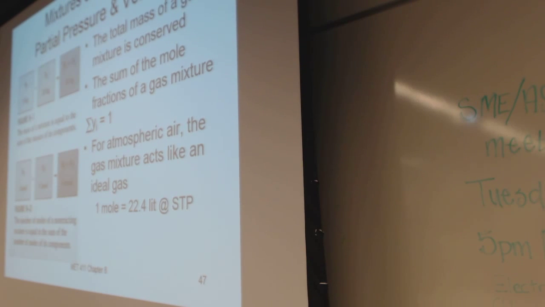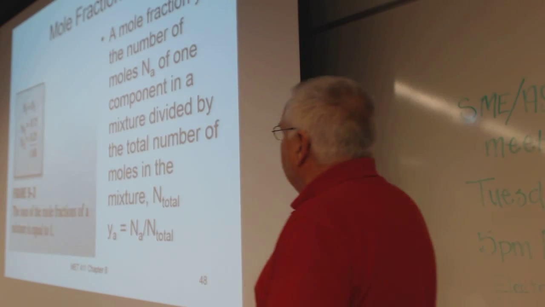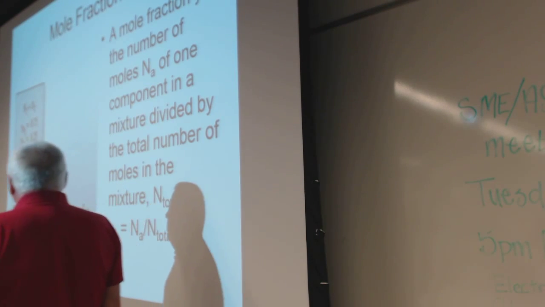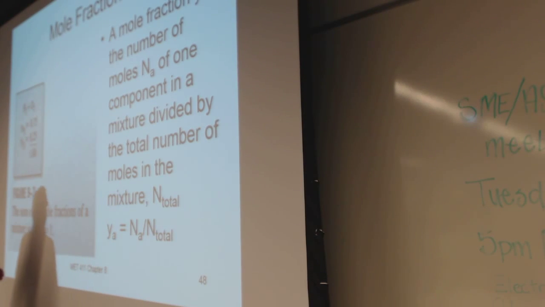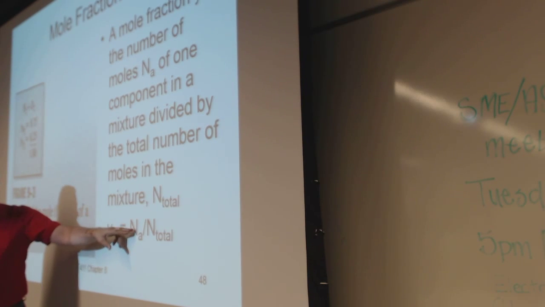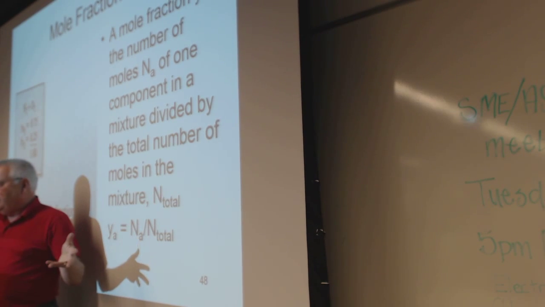So mole fractions are what we use for these things, not the mass. If you had a mixture, the mole fraction is how many moles there are out of the total moles of a mixture of gases.